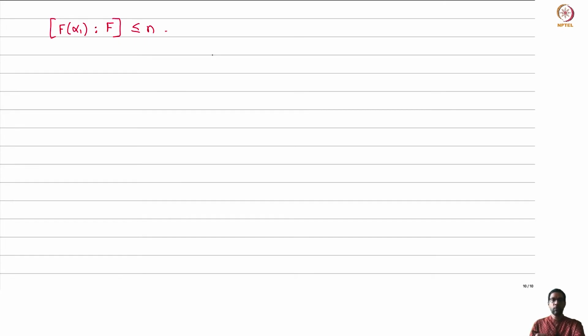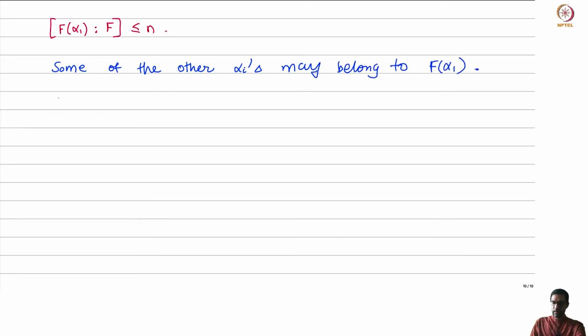Now if all the other roots are part of F(alpha 1), then you are done, because F(alpha 1) itself is the full extension K. But suppose not. So let's write out what I just said. Some of the other alpha i may already belong to F(alpha 1).